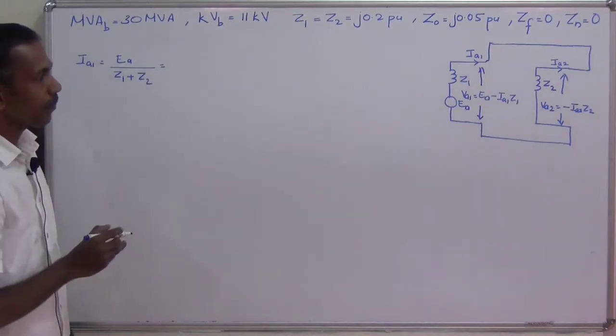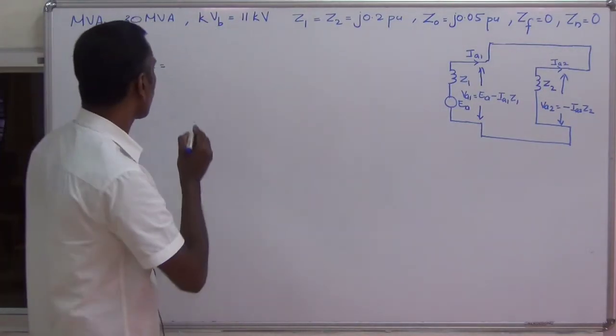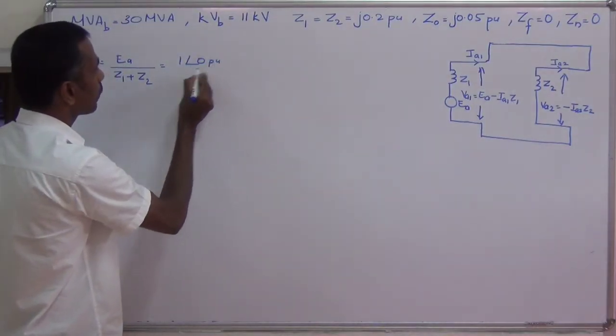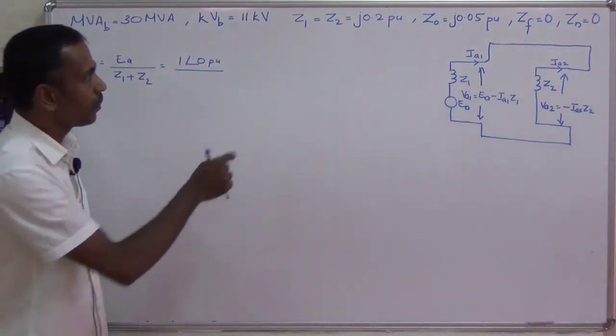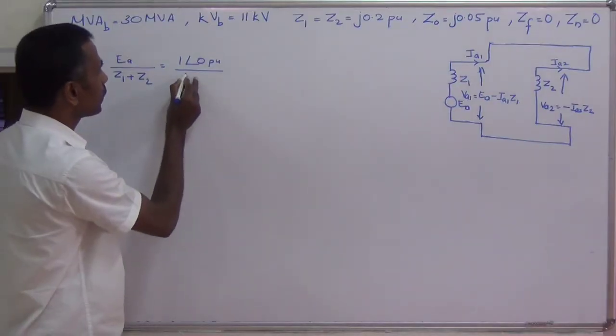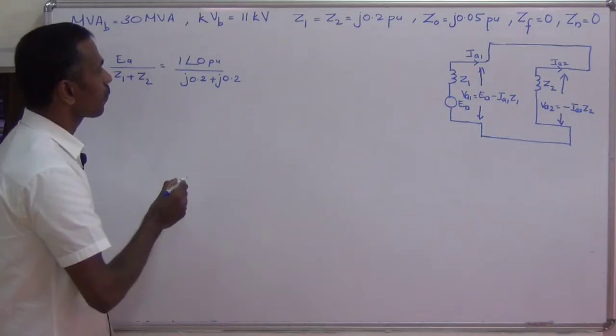This voltage can be assumed as 1 angle 0 per unit divided by Z1 plus Z2. The impedance is j0.2 plus j0.2.